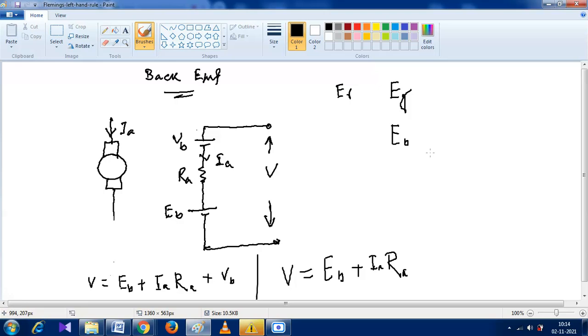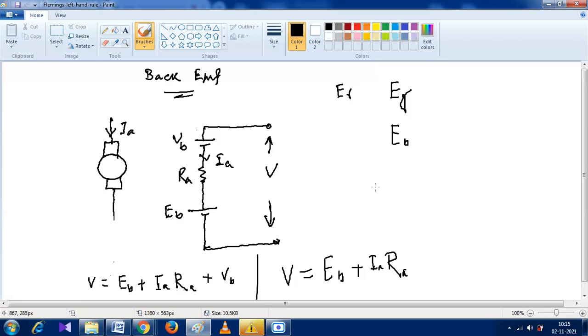If someone asks you what back EMF is, your answer should be like this: in case of a motor, when we rotate the armature in flux, a rotational EMF is induced on that armature. This rotational EMF opposes the supply voltage, so it is called back EMF.